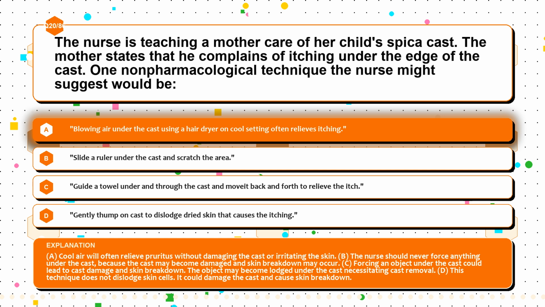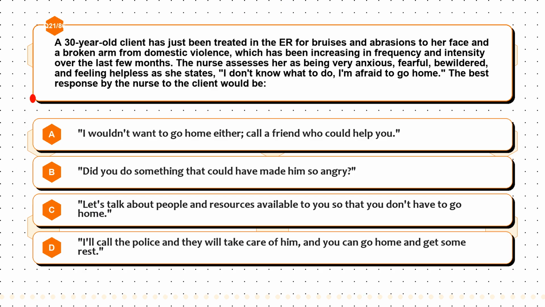C. Forcing an object under the cast could lead to cast damage and skin breakdown. The object may become lodged under the cast, necessitating cast removal. D. This technique does not dislodge skin cells. It could damage the cast and cause skin breakdown. Question 21.